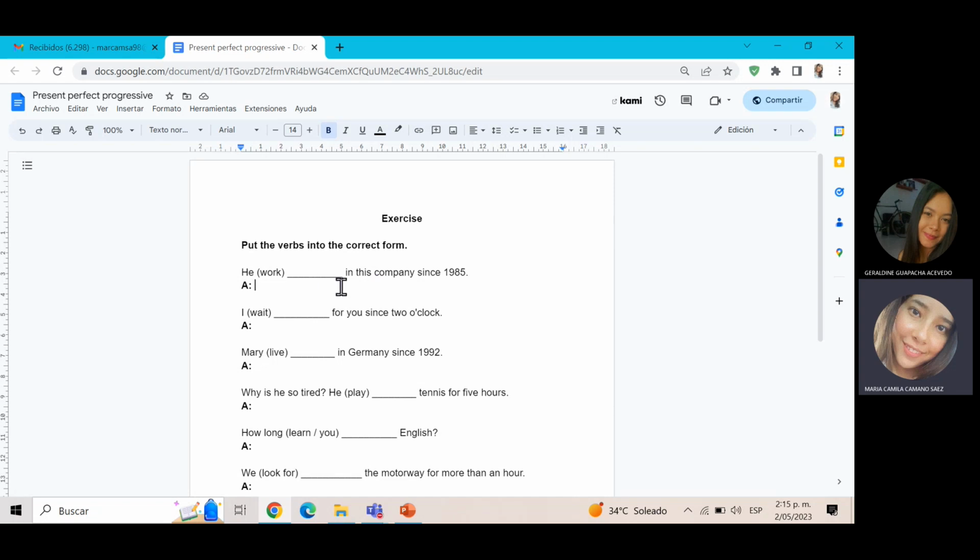We are going to form the sentences depending on the verb in the parenthesis and the context of the sentence. For example, the first one is, oh, sorry, he has been working in this company since 1985.